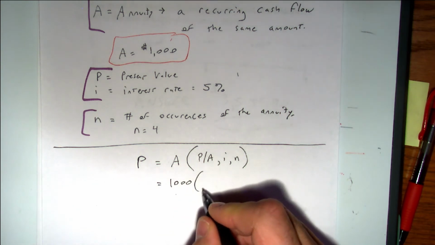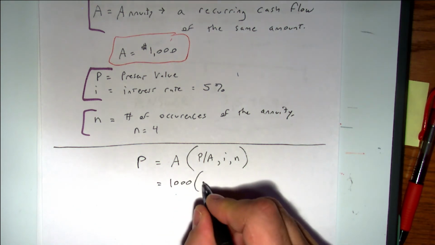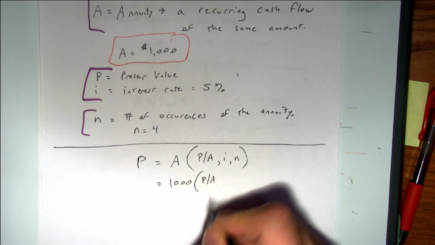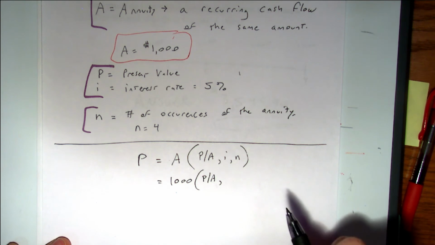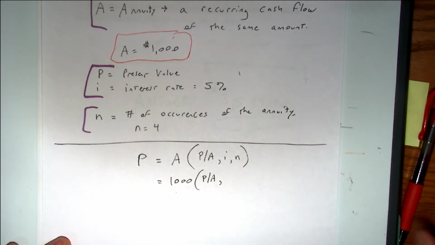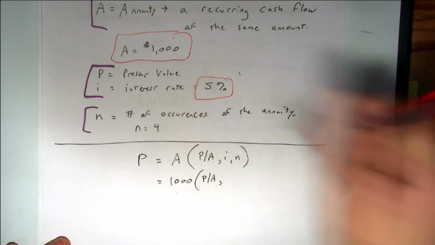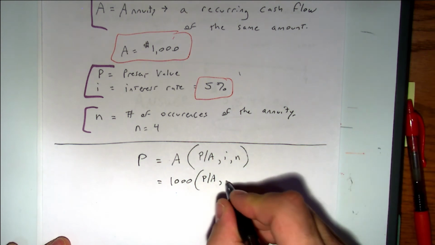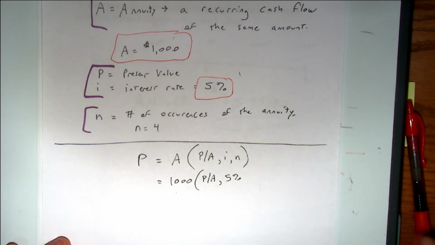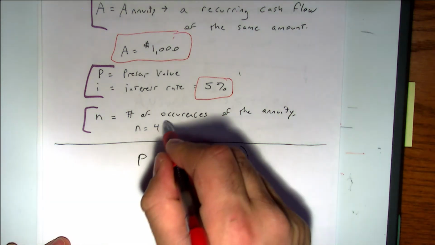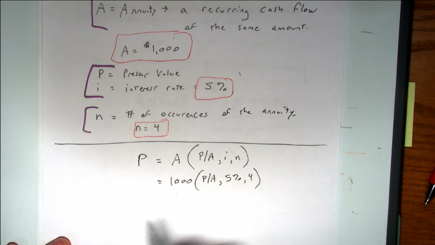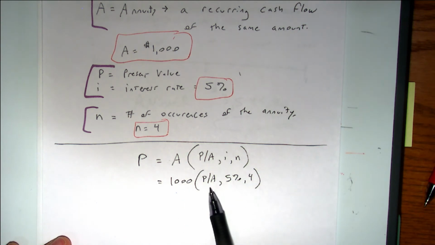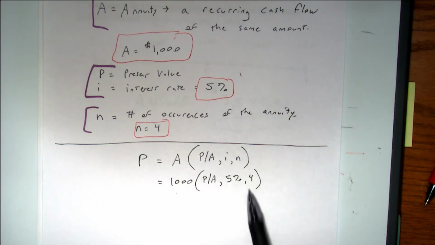Now we're going to go to a P of A, a present value of an annuity table, and we're going to look under the column of I and the row of N. You said correctly that the interest rate equals 5%. Is that correct? And what did you say correctly was our N? 4. So our present value in this instance, $1,000, we're going to go to the P of A table, 5%, 4.